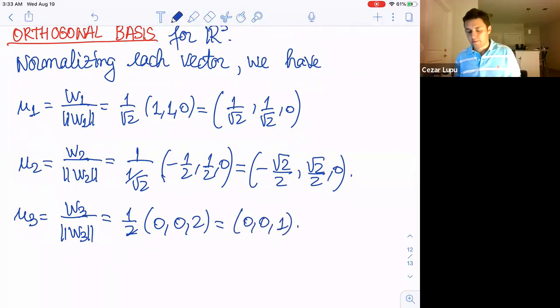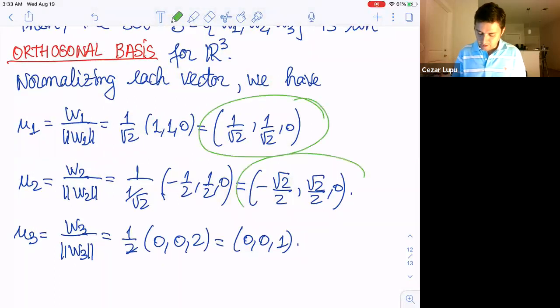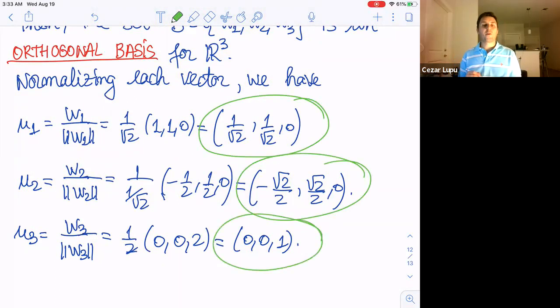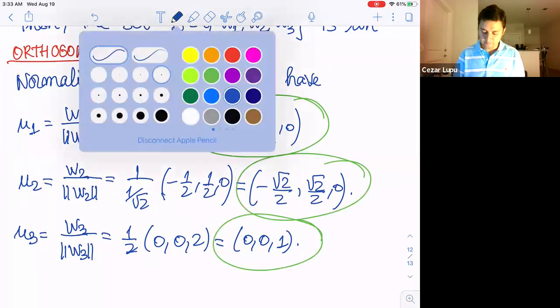Great. And finally, I have my basis of orthonormal vectors. Let's write them.